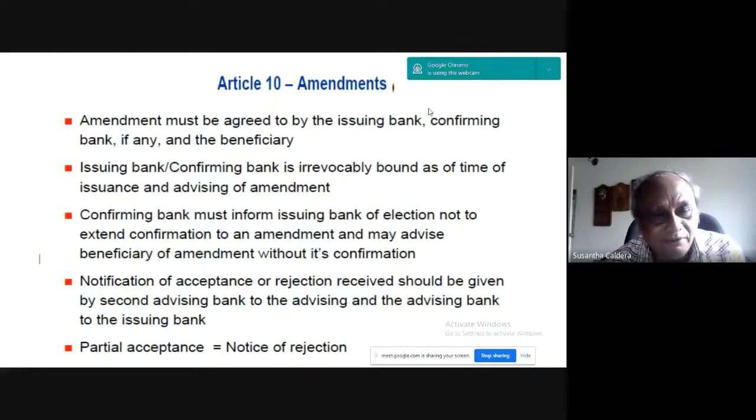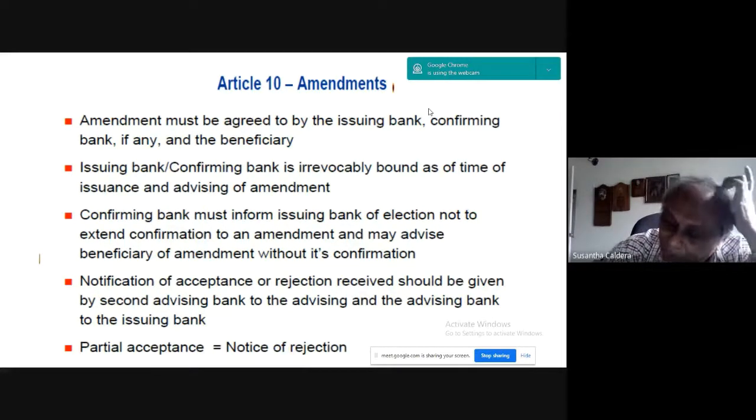You have 10 case studies to do for URC 522, and then you have these UCP 600 articles up to Article 9. Please read article by article, open up the presentation, and refer to the presentation for the particular article, so it will be easy for you to understand. Once you finish, if you have time, do Article 10 to 16.